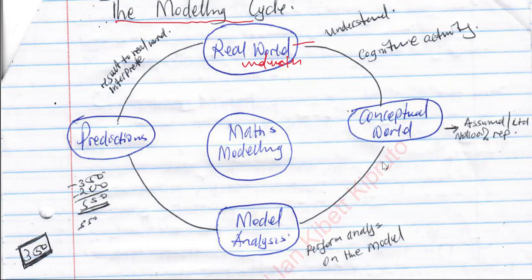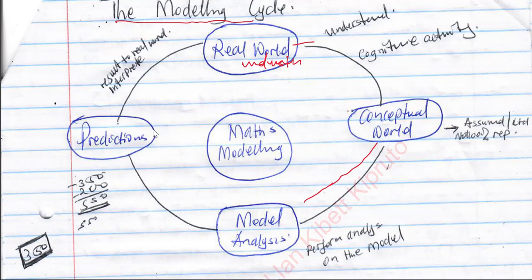Then you have to analyze the model. You have to perform analysis on the model to know whether it is the best way you can conceptualize that. Then the next part is to do prediction, whereby you have to predict.